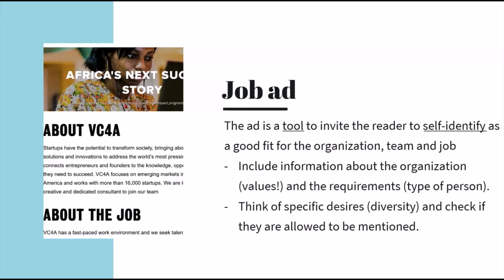So think about whether you have that kind of wishes as well, and then also check if in your context that is something that you can include in your advertisement or not, maybe as a pro or as a very important part of the requirements.